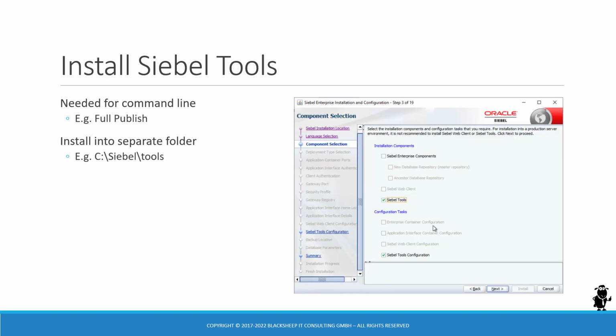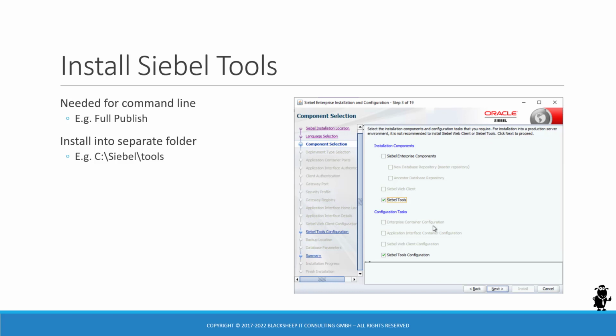You might want to install Siebel Tools as well. Since we are talking about Windows environments, even on a Windows server where you would not usually log in to do development work, Siebel Tools might be very handy, at least on one machine. For example, just to run command lines such as full publish.